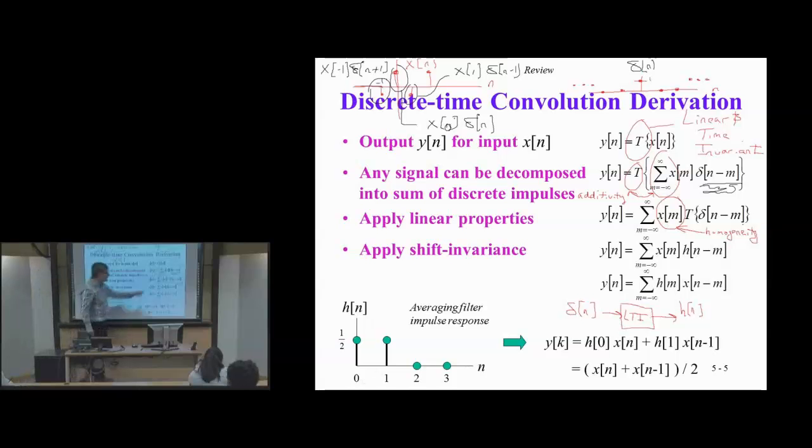So if I put a delayed impulse in, I get a delayed output, delayed by the same amount because of this property of shift or time invariance. Right, shift invariance is another word for time invariance, also known as time invariance. And there we have it.